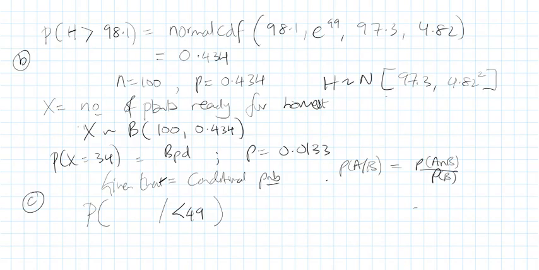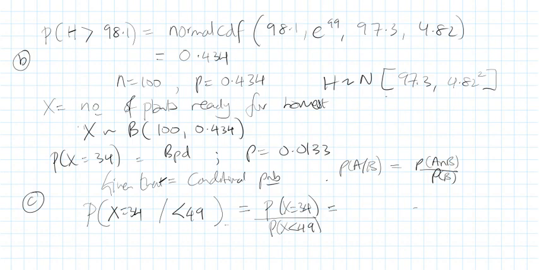Find the probability that you have exactly 34, so X equal to 34 will be the A. So P of B is P of X less than 49, and P of A is P of X equal to 34.